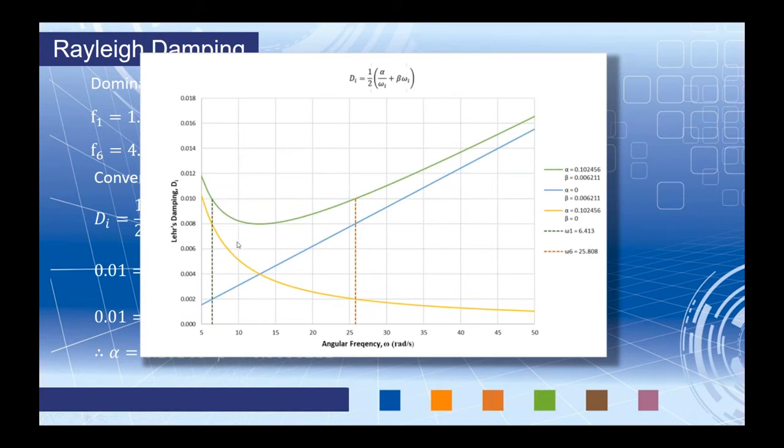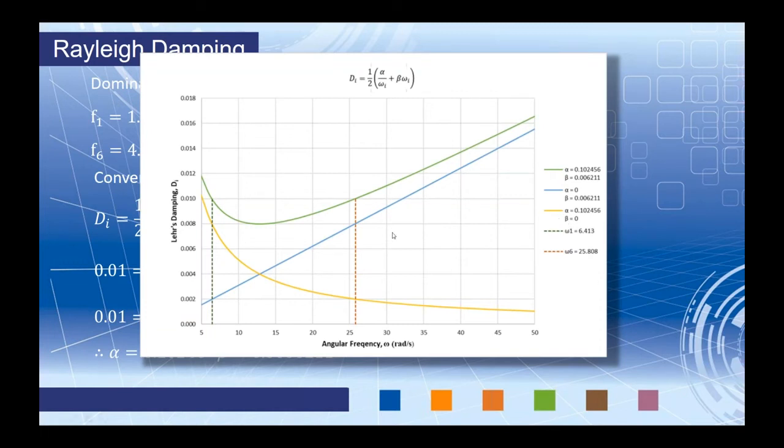So we also have the yellow line. Now, the yellow line is where I have set beta equal to 0, but my alpha coefficient is still considered. Well, the whole point of this is that mass and stiffness damping considerations affect the overall damping ratio. There's two components, that's the mass and the stiffness.